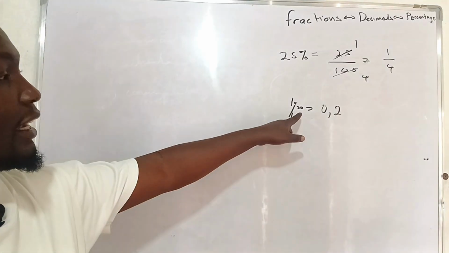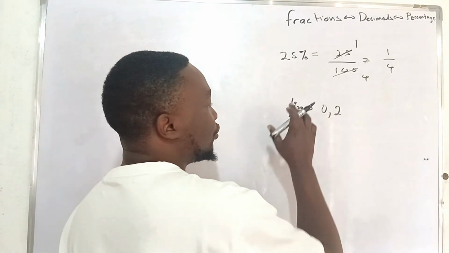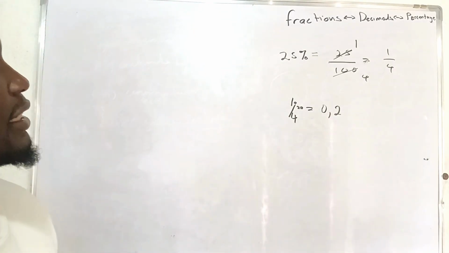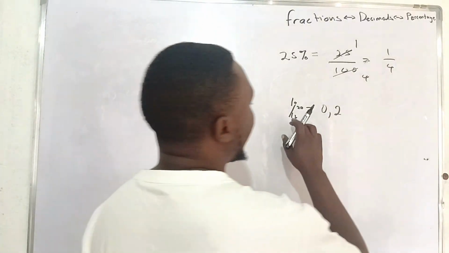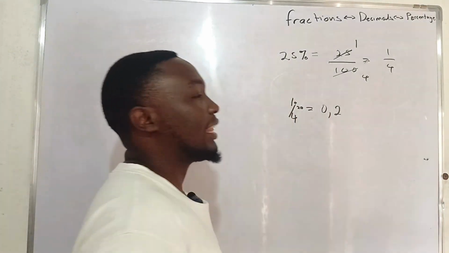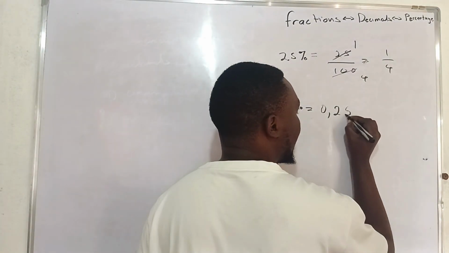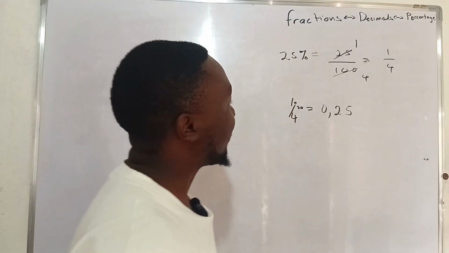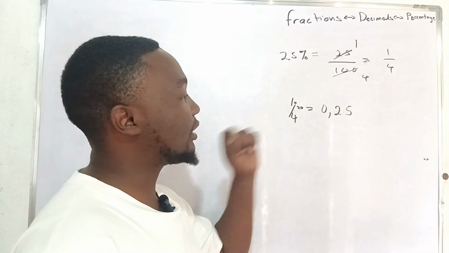That is very important. 4 into 20, that's 5. So we have 0.25. Remember that we add a 0 to the remainder. We just don't bring down the remainder.